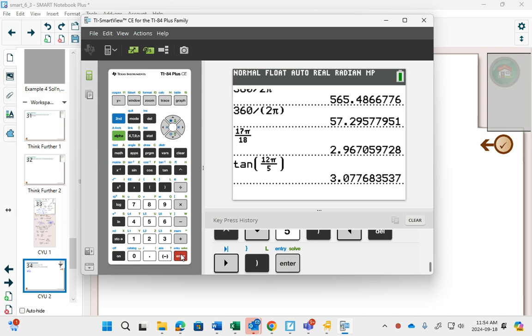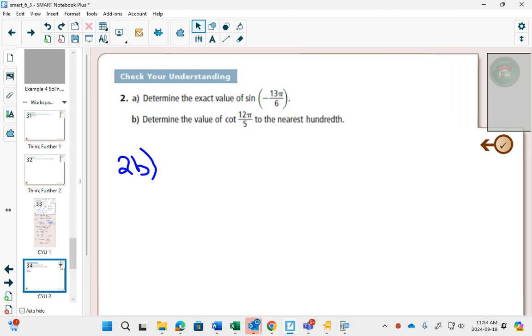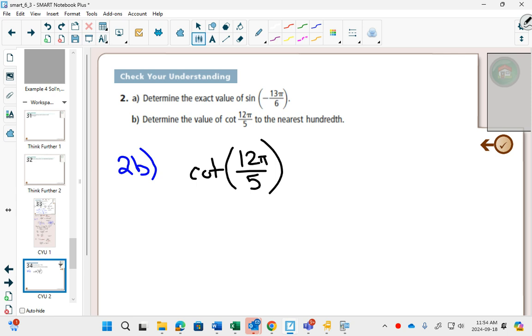Now you have to do cotangent of 12 pi over 5. And at this moment, you want to check if your brain plays tricks on you. Because I'm going to give you this question on a quiz or a test, and you're going to type something in, and we're going to get different answers.